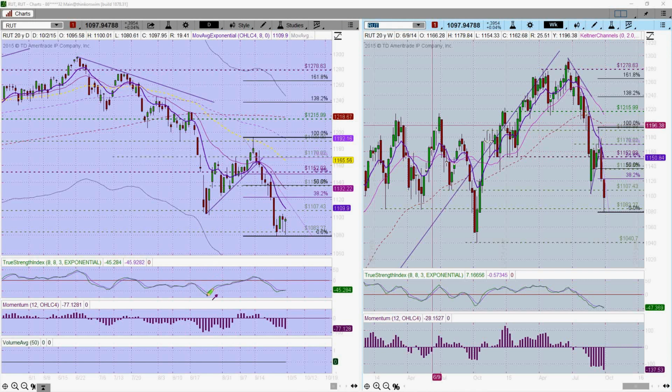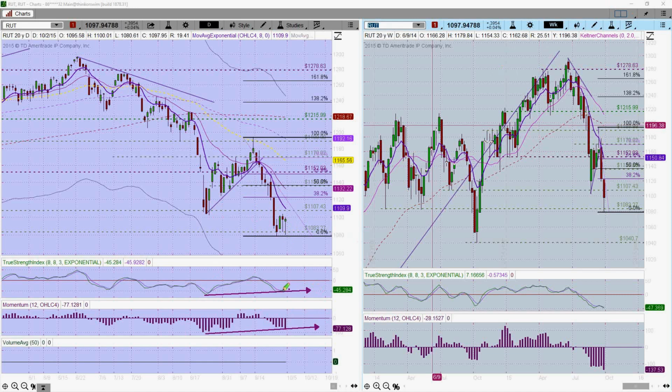On this chart I want to highlight a more traditional, and perhaps more powerful, positive divergence that is going on. Here this low took out this swing low, so we get a new low in the index itself.